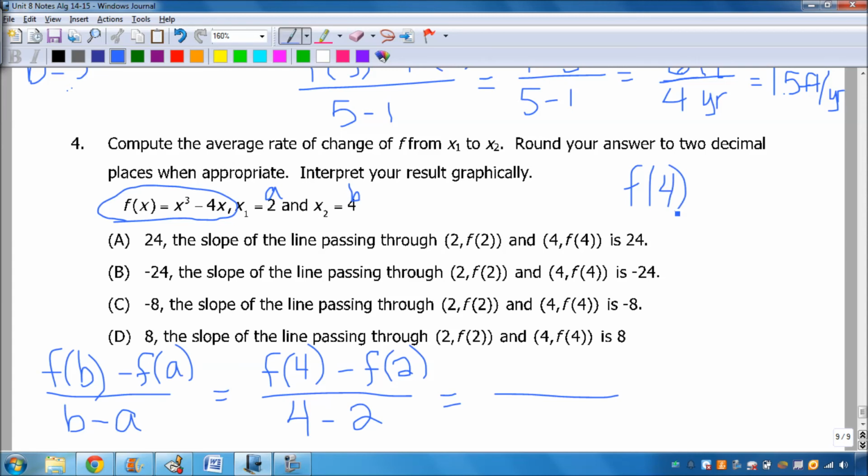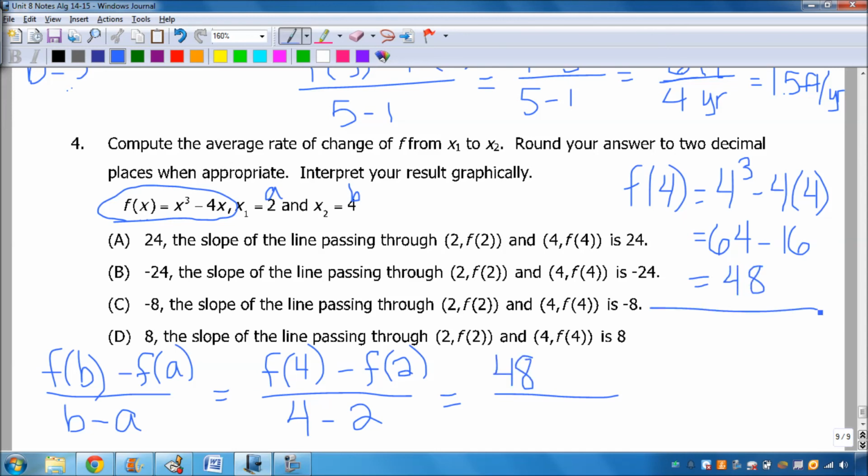The way I figure it out is by using my function. If f of x equals x cubed minus 4x, then f of 4 is 4 cubed minus 4 times 4. Let me write this out a little more clearly so you can see this. So it's 4 cubed minus 4 times 4. You end up getting 64 minus 16, which is 48. So that's what f of 4 is.